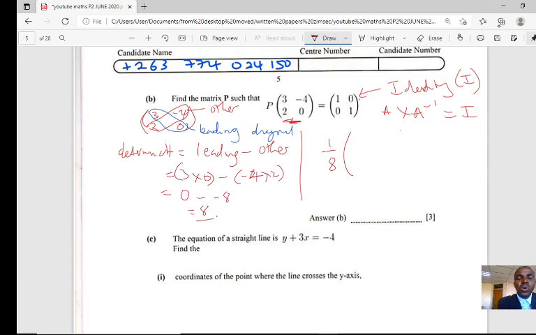Then you interchange the elements of the leading diagonal. 3 and 0, you interchange them, which means 0 will be here, 3 will be here. Then on the other diagonal, you just change the signs. Here we have minus 4, it will become plus 4. Here we have 2, it will become minus 2. That will be the inverse of the matrix. So this one will be matrix P. Then you are done.